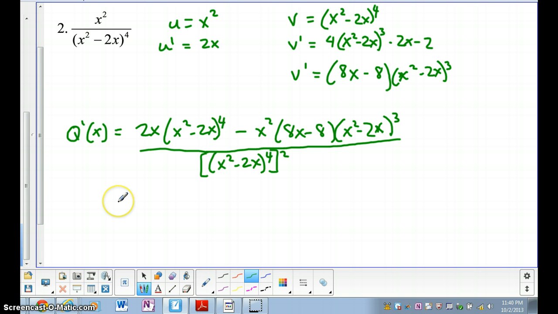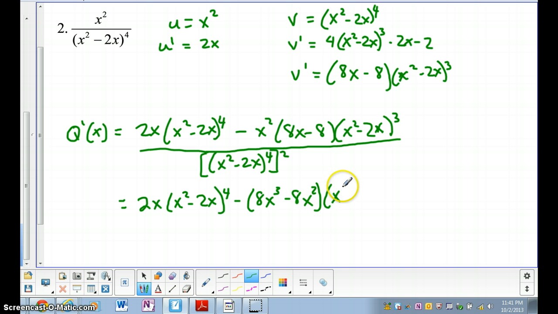Okay, so the last part is this simplifying, and the only thing we can really simplify is in here and right here. So our first item will stay the same, and then we'll have a minus 8x cubed minus 8x squared times 8x squared minus 2x to the third, all over x squared minus 2x to the eighth power.